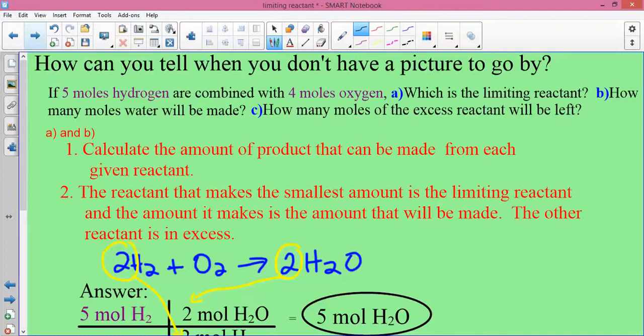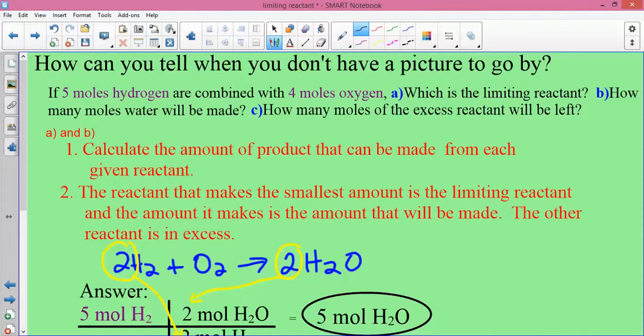If 5 moles of hydrogen are combined with 4 moles of oxygen, A, which is the limiting reactant, B, how many moles of water will be made, and C, how many moles of the excess reactant will be left. We'll tackle A and B together. Here are the steps. First, calculate the amount of product that can be made from each of the given reactants. We're going to do 2 mole-to-mole problems and see which one makes the least amount.